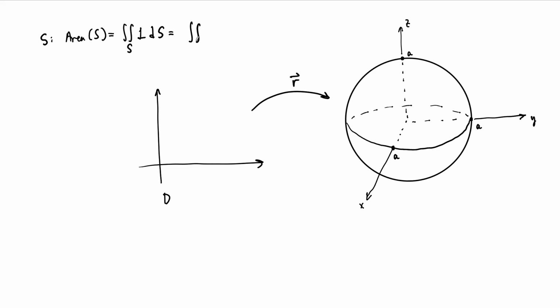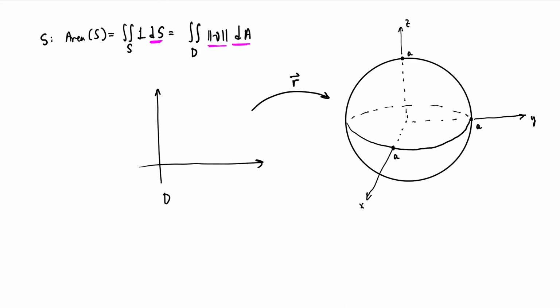To compute the surface area, over the parameter domain D we integrate the length of the normal vector, which we'll compute over here, dA, back in this domain. So dS, the surface area element, is equal to the length of the normal vector times dA, pulled back to the parameter domain.